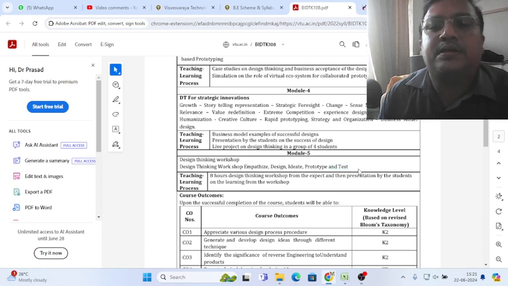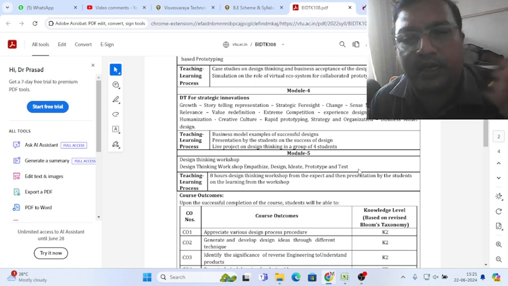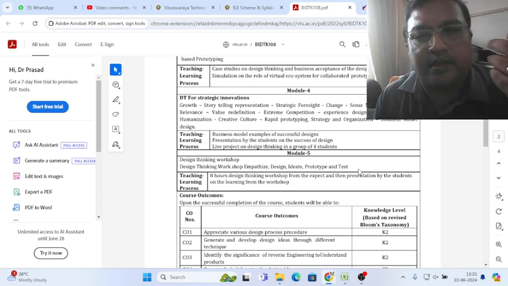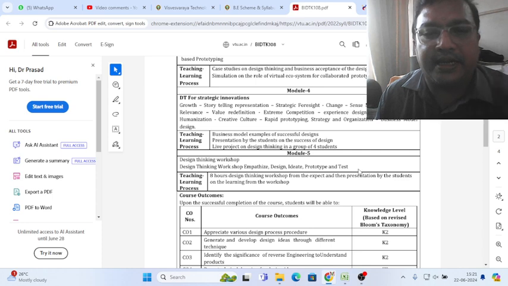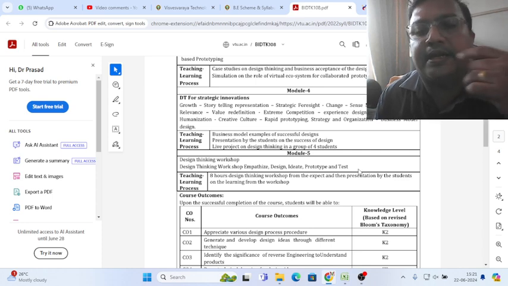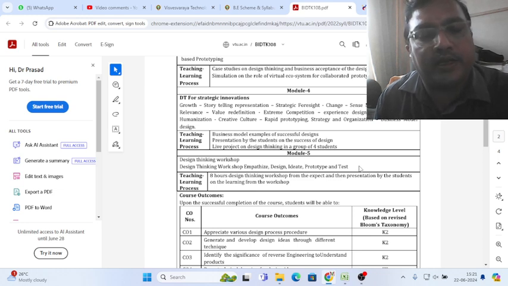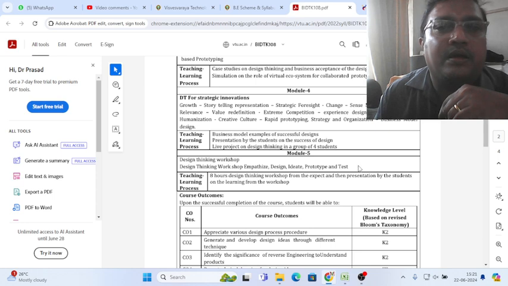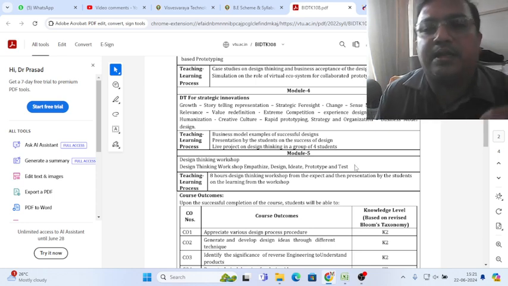Therefore, in the test stage, the student has to present the empathy they collected, the problem statement they have, the ideation stage, and the new features added to the product, and based on that they need to prepare a video, which they can publish on their YouTube channel.